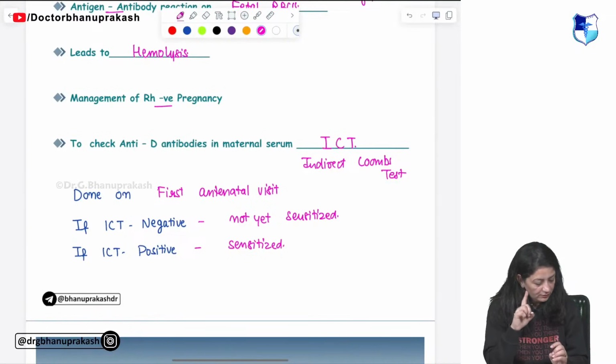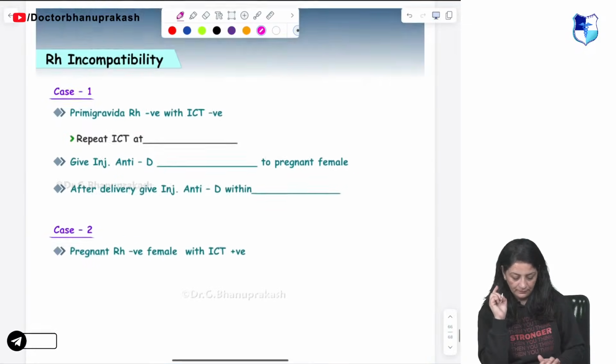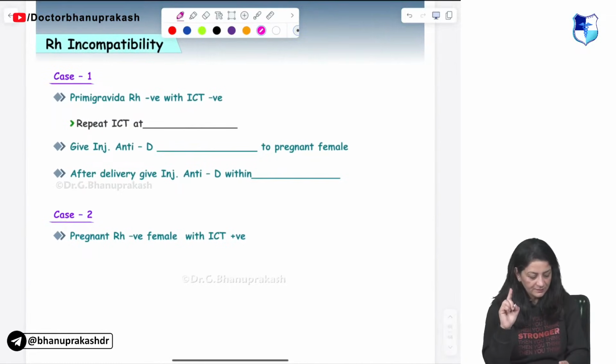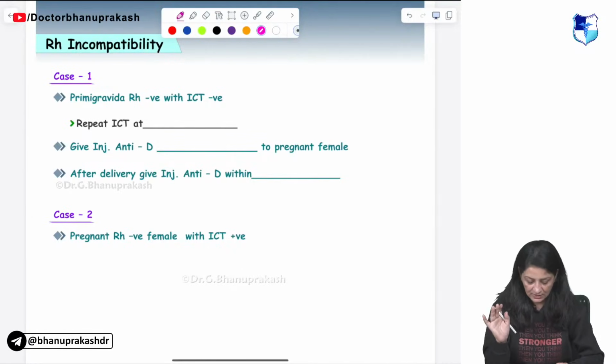So first of all, we have to do the indirect Coombs test to check for anti-D antibodies in maternal serum. So we have the first case: Rh negative mother with ICT negative, means the mother is not yet sensitized.